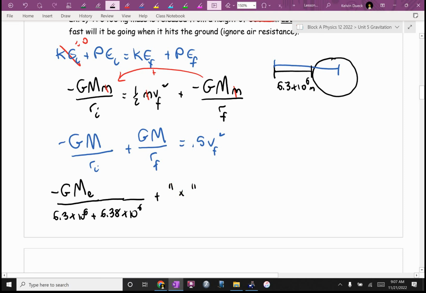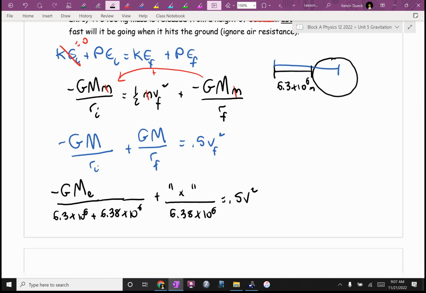I'm actually going to use what we call ditto marks, because it's going to be a lot of writing. Big G, big M, all over the final radius, which is the surface of the Earth, just 6.38 times 10 to the 6th. That equals 0.5 v squared. And I haven't left nearly enough room, so maybe you'll have to write small.